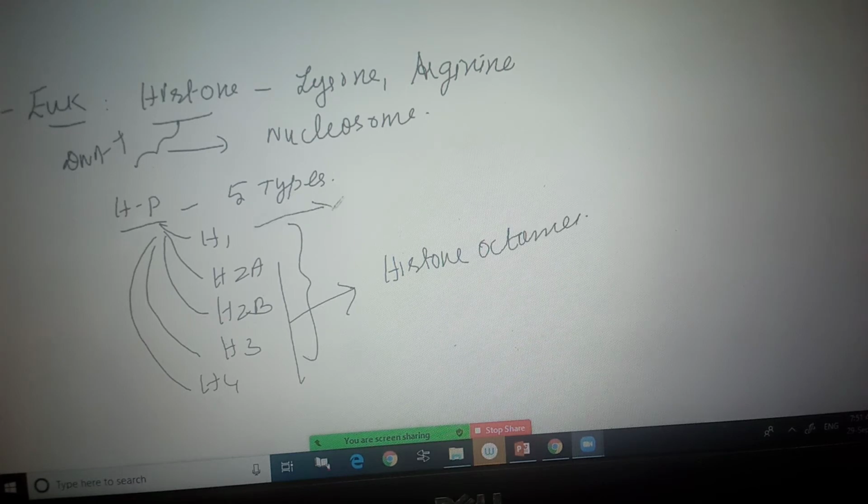And H1 helps in linking 2 nucleosomes, so it is said to be a linker. Now histones are positively charged and DNA is negatively charged, so the DNA wraps around the histone protein. That we'll see now.